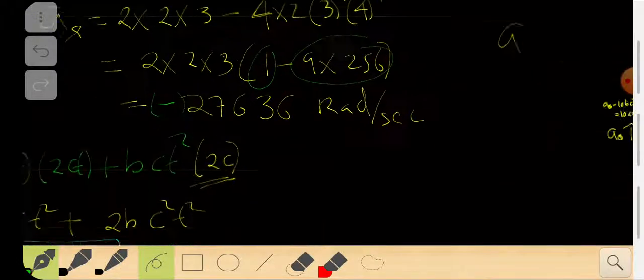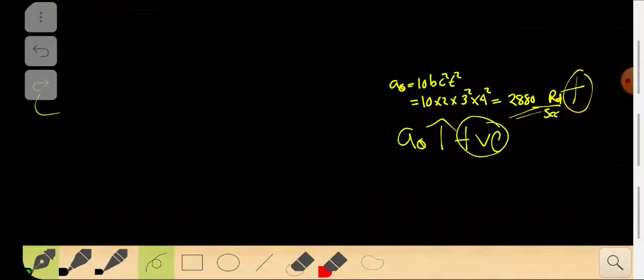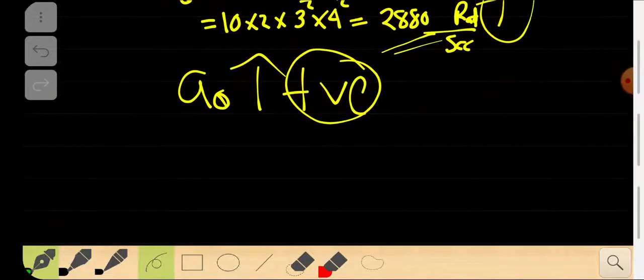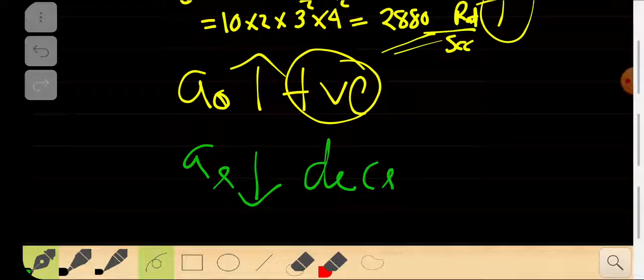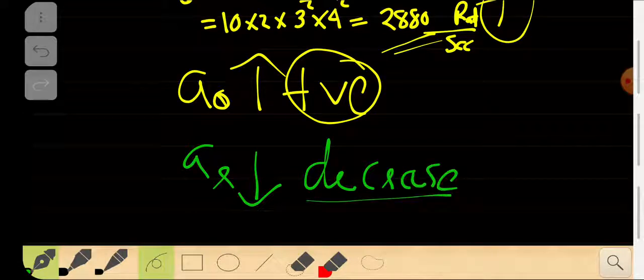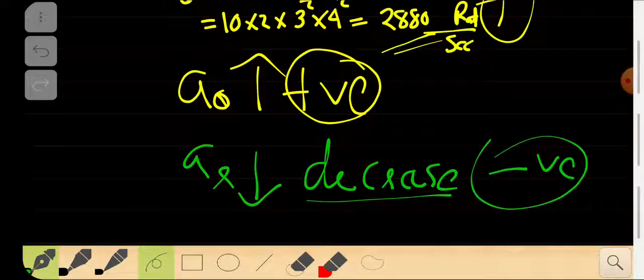So what you can find out is that AR is very small and it is decreasing. I'm not saying that it is small. It is actually opposite direction. It's very big, but in the opposite direction. So it's decreasing. It's a negative value, right? So that's the outcome of that.